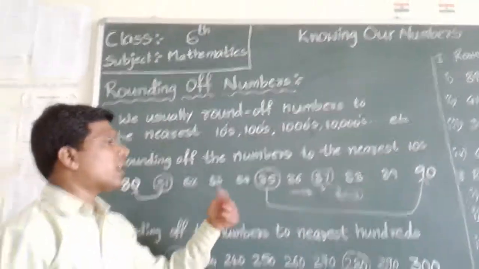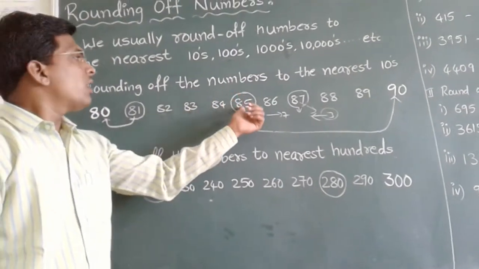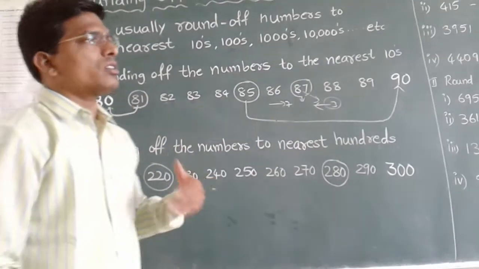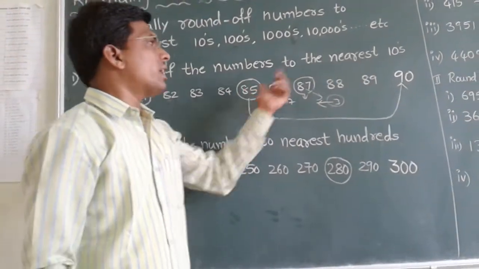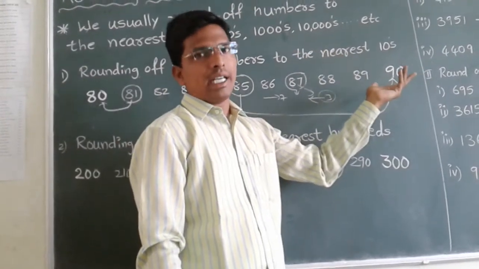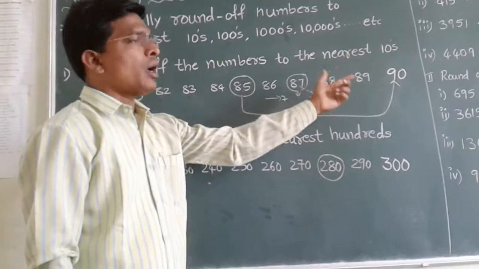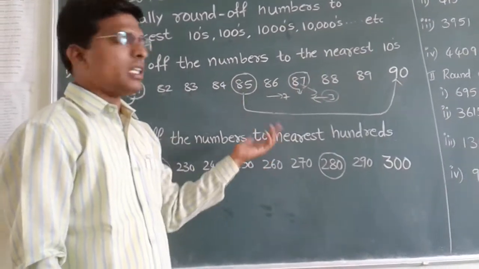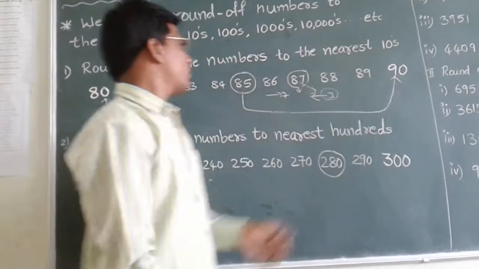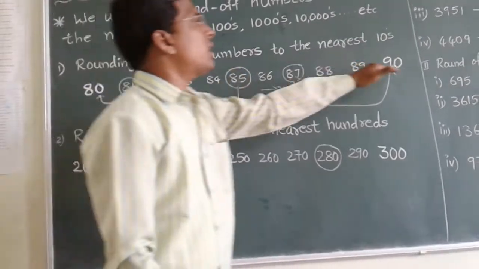According to our convenience, sometimes we may round it off to 80 also, no problem, but mostly we will use 90 only. So we take the slightly bigger number. 85 is the middle value for 80 and 90, but generally we round it off to 90. So if you round off 85 to the nearest tens, it is 90.